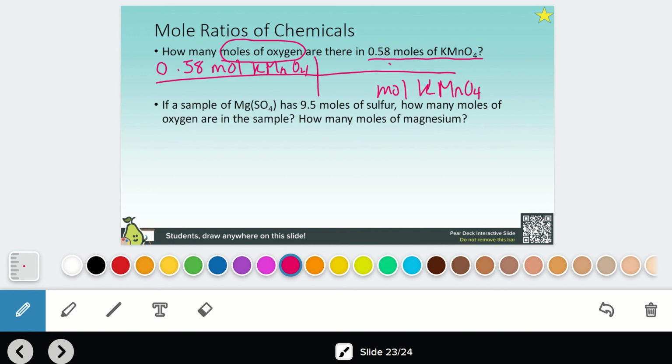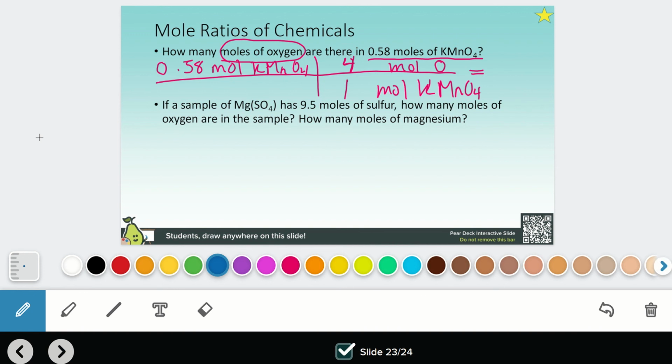And it asks for just moles of O, oxygen. So again, when we're trying to go from the whole chemical down to just one element, we're going to say in one of that chemical, there are, in this case, 4 oxygen. Okay? In one of those formulas, there are 4 oxygen. So in 1 mole of that chemical, there are 4 moles of oxygen.